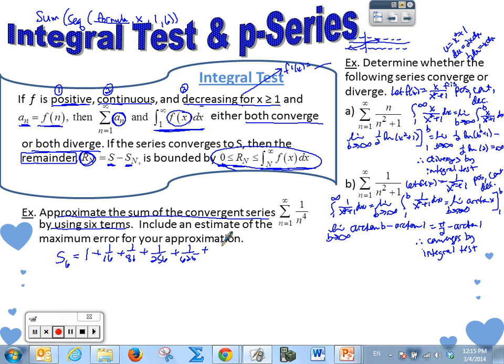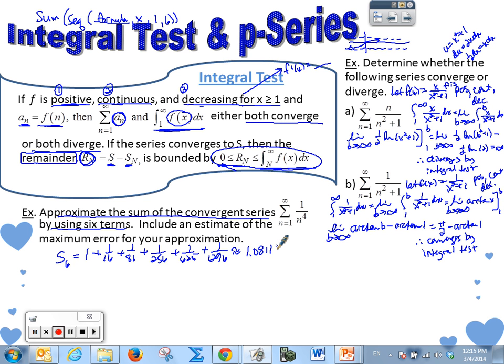And then over 1296. So this is approximately, in decimal form, 1.0811. So that's my partial sum of 6. I use 6 terms, S sub 6.